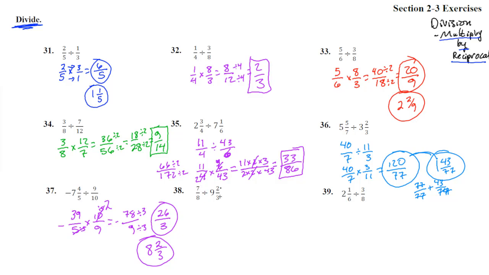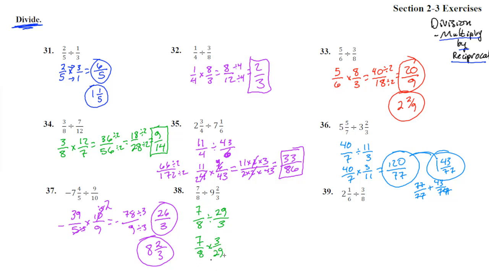Okay, number 38. 7/8 divided by 9 2/3. So that's 7/8 divided by, let's first change it into an improper fraction. 3 times 9 is 27, plus 2 is 29/3. Now we have a number we can get the reciprocal of. 7/8 times 3/29.